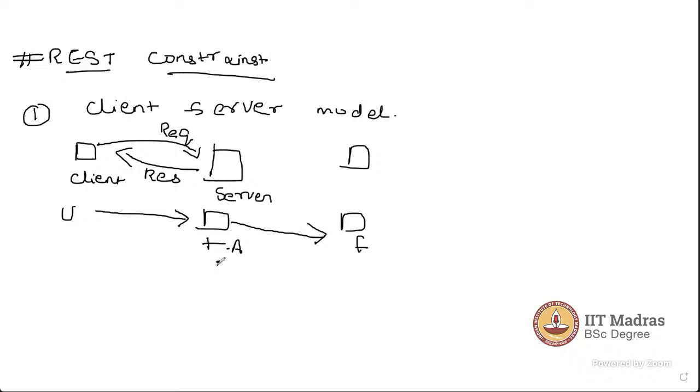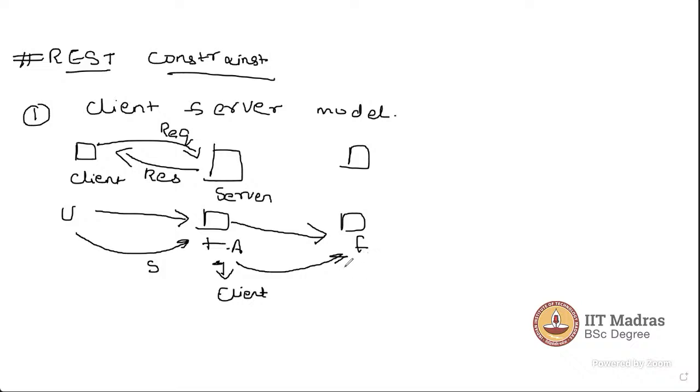So for this user, the Tinder application is acting like a server. But if it is requesting a piece of resource from the Facebook application, in this case, this particular application is acting like a client. This thing is clear, right?